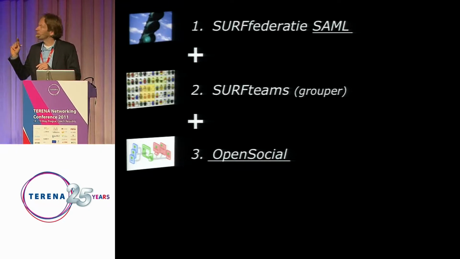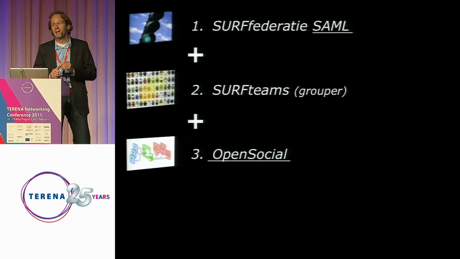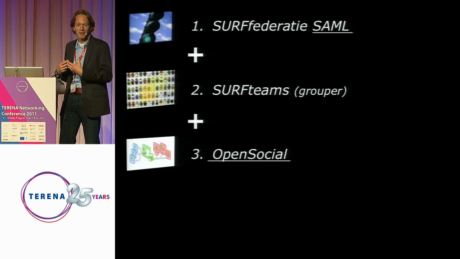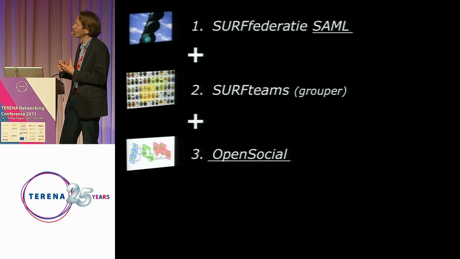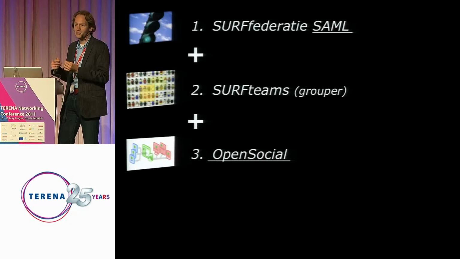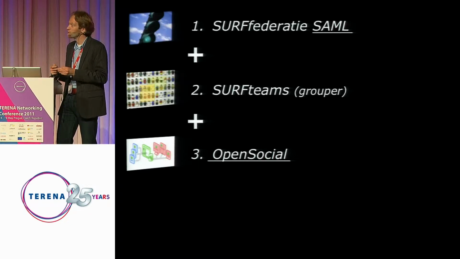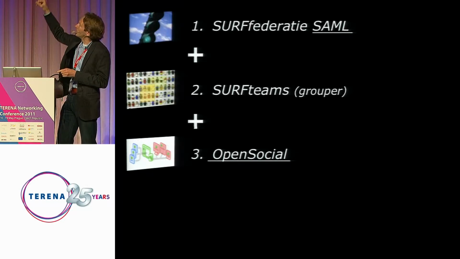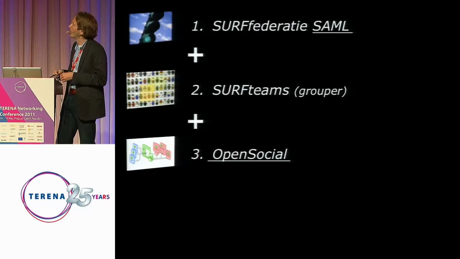One concept of OpenSocial is the data API. And that means that there's a specification of how your profile is described. But it also specifies your friends relations, your group memberships, your groups, and also your activities. Well, and by the way, this group specification can be used for Surf Teams.